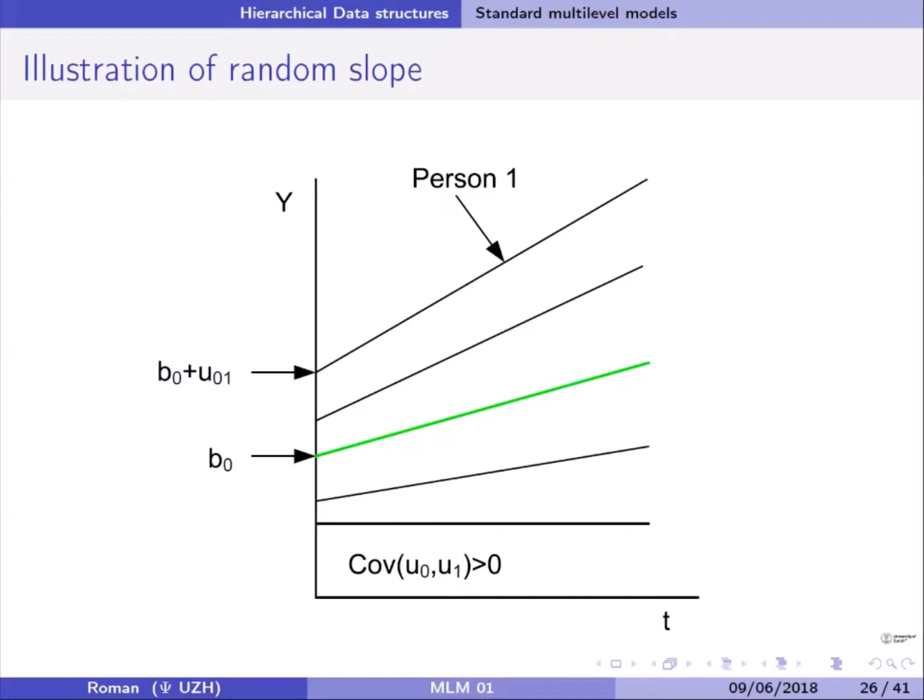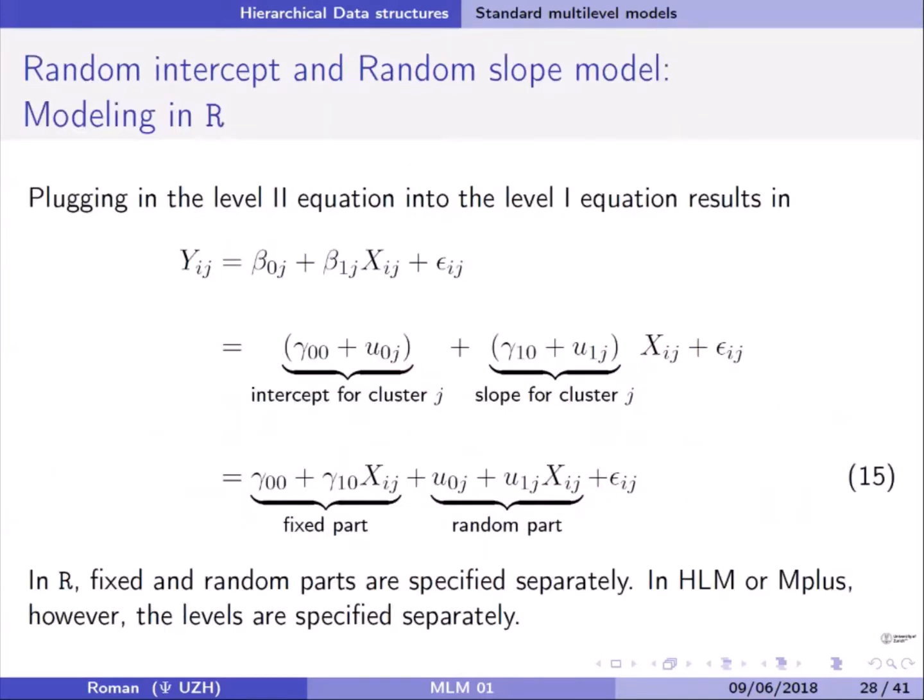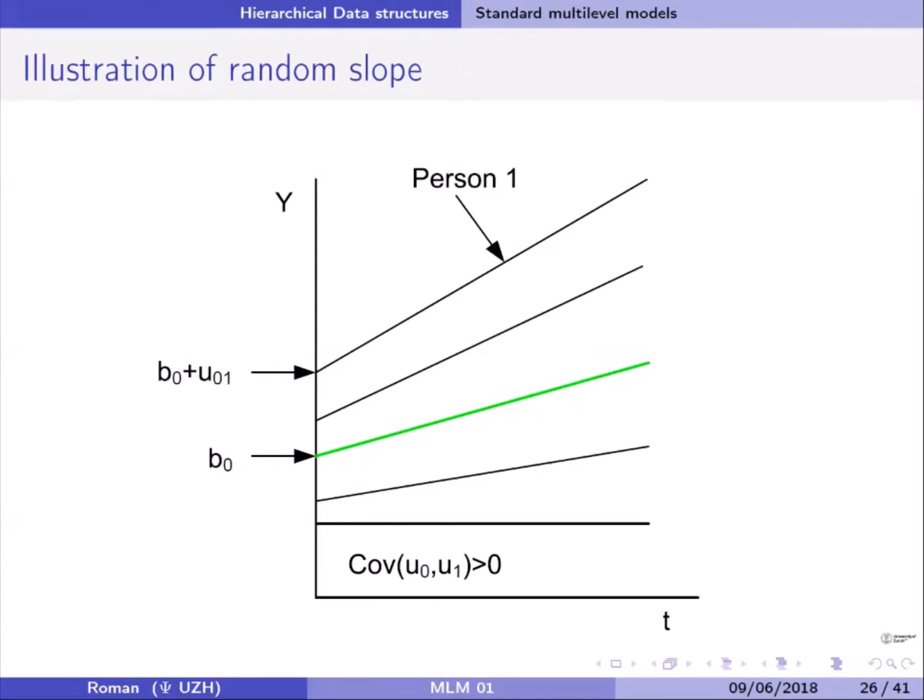This is an important term for us, and it tells us the relationship between the random terms. A positive correlation or covariance between U0 and U1, random intercept and random slope term, tells us as the intercept goes up, the slope is increasing. If this is negative, it will tell us that as the intercept goes up, the slope goes down. So some cool examples for this.